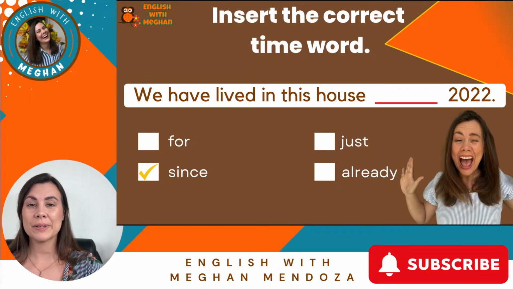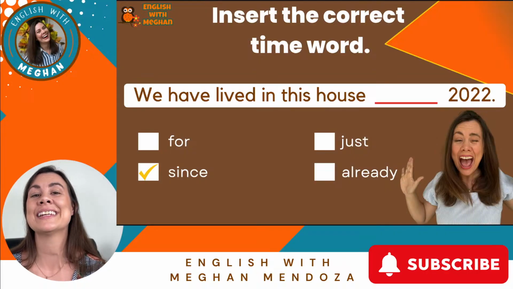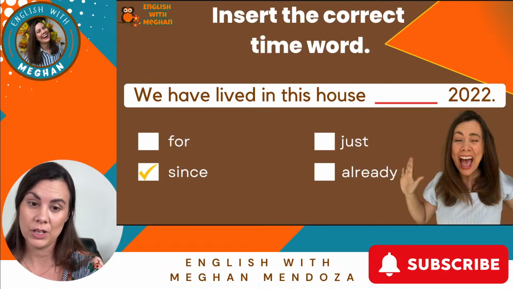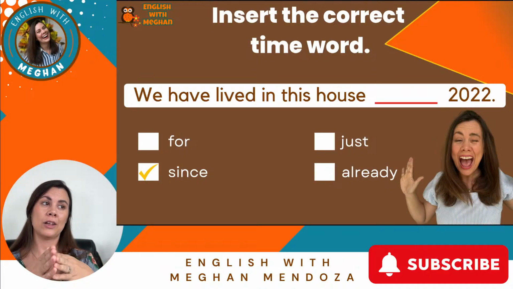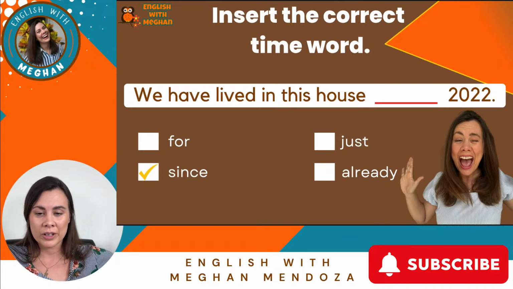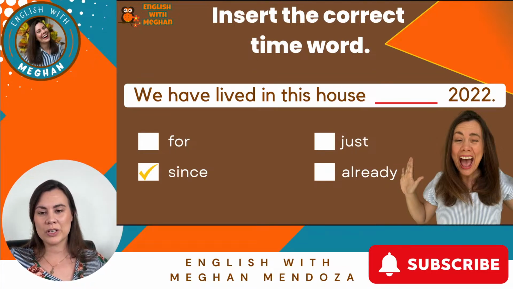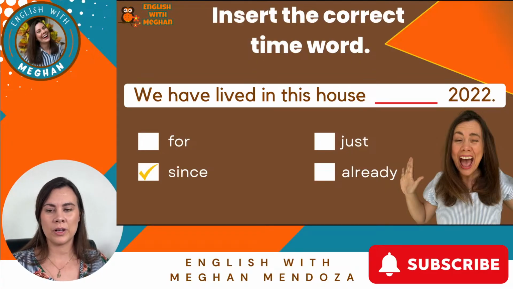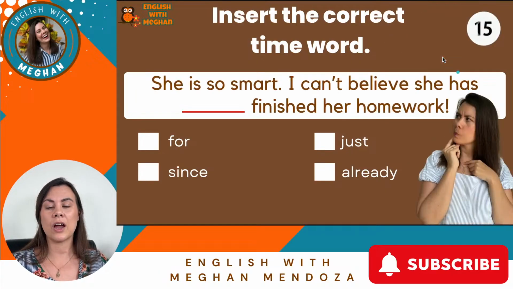Reason being, what you should have said is that it is a starting time. 2022. Yes, it's a long period, but it's still a starting time. Since plus 2022. Started in the past, continues until now.